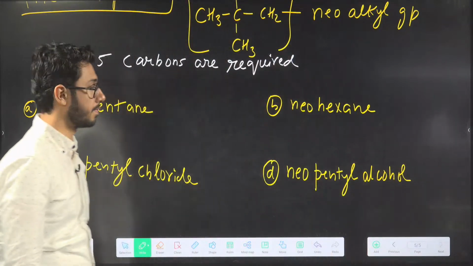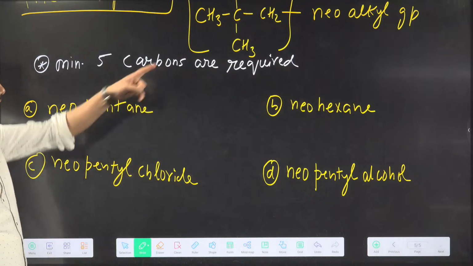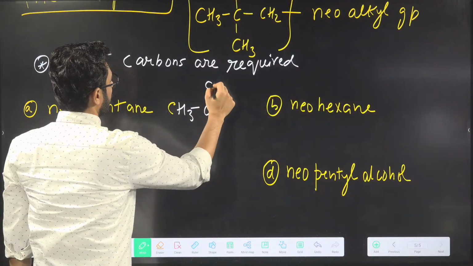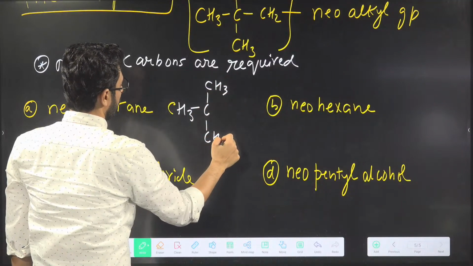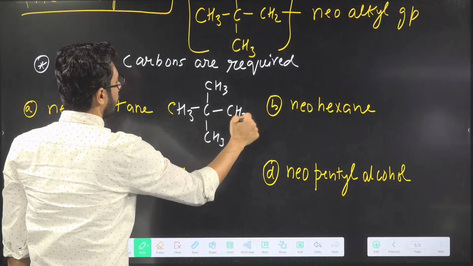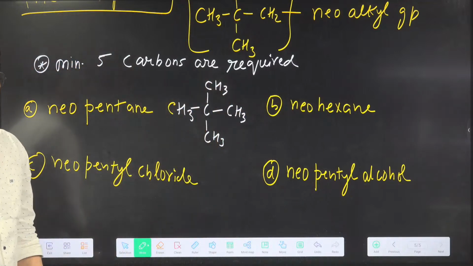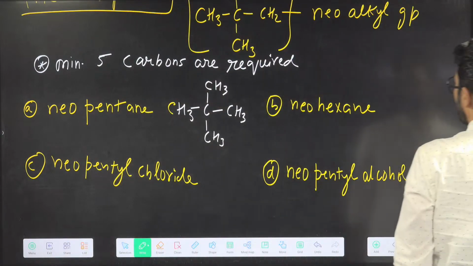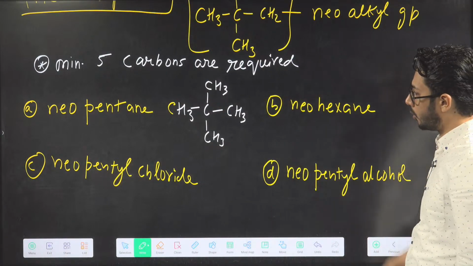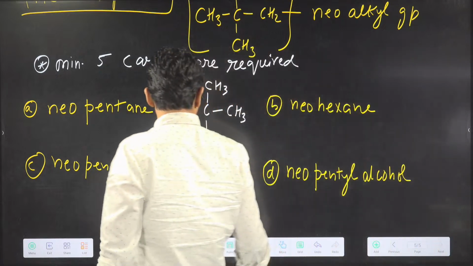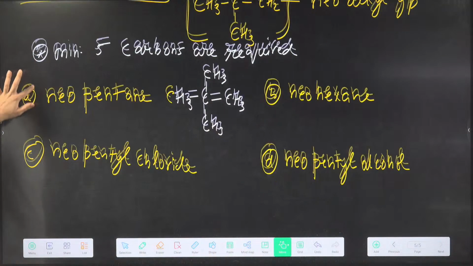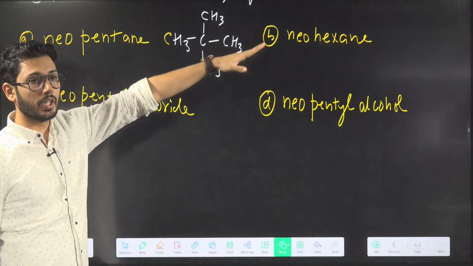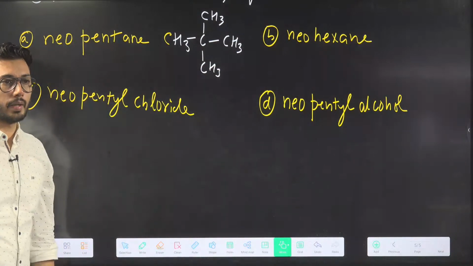Common names. Neopentane, this connectivity first: CH3, C, CH3, CH3, and CH3, only by 5 carbons completed. This is the neopentane arrangement. Neohexane, write it the same way. Then write down the neopentyl chloride structure. Whatever group it is, it is bonded with the CH2 carbon. Try to write both of them.